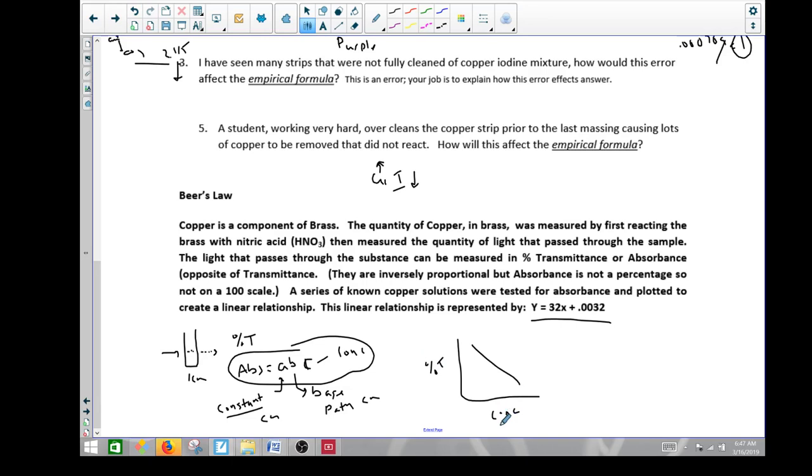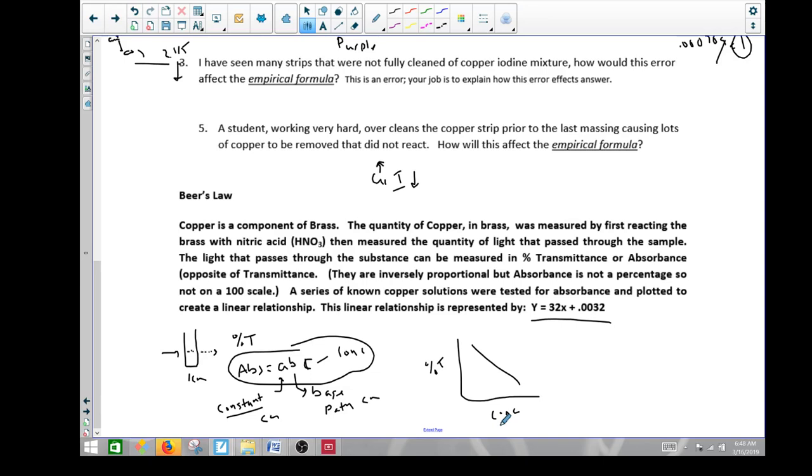So let's read the question here and see what it says. Copper is a component of brass. The quantity of copper in brass was measured by first reacting the brass with nitric acid, then measuring the quantity of light that passed through the sample. The light that passes through the substance can be measured as percent transmittance or absorbance.